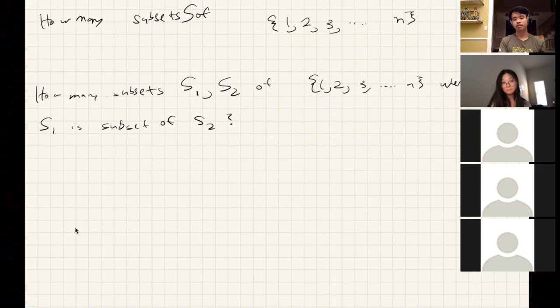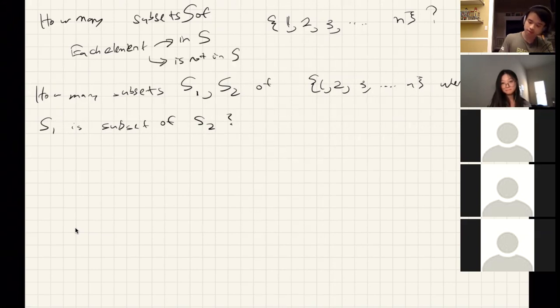So let's say you have the integers from 1 to n. There's n elements, and you have to count how many subsets S of 1, 2, 3 all the way to n. How many total subsets? Here it's very simple. You just go element by element. Each element is in S or is not in S, right?